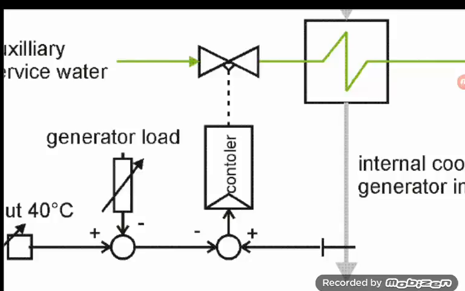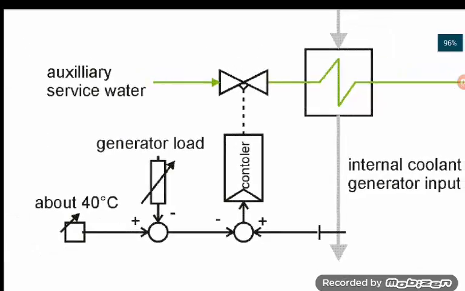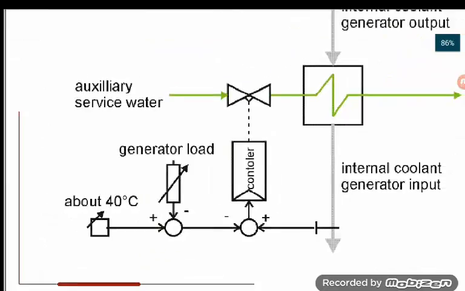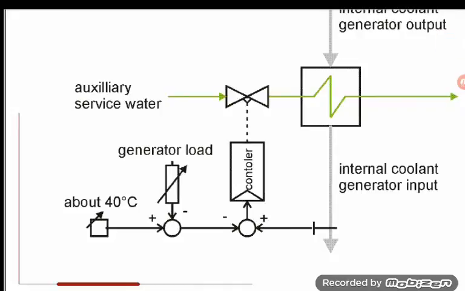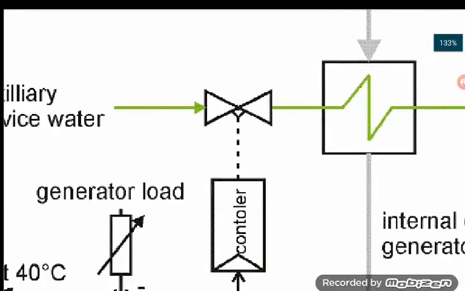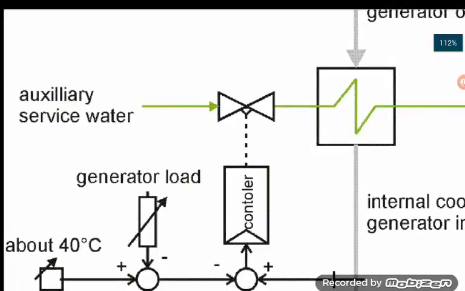And when the controller sees that, it opens the control valve to have a higher water flow, and then you can cool down the hydrogen better, so that you have 40 degrees here. That's a quite simple control loop. You have a set point, you have a measurement, you calculate the deviation, and then the controller reacts.